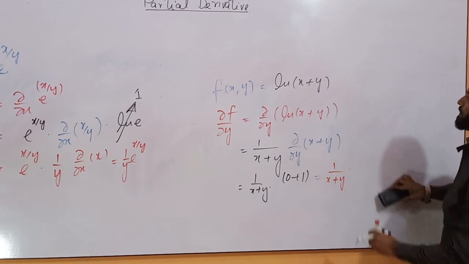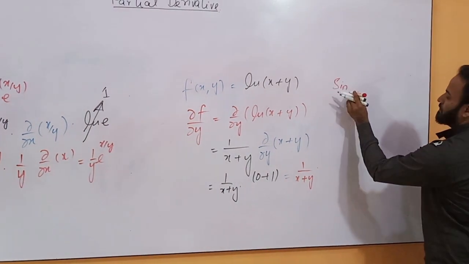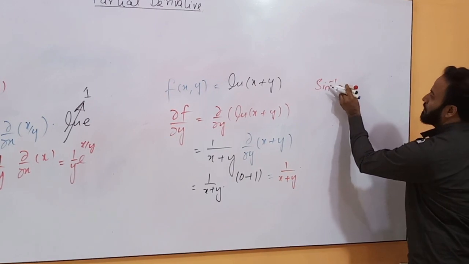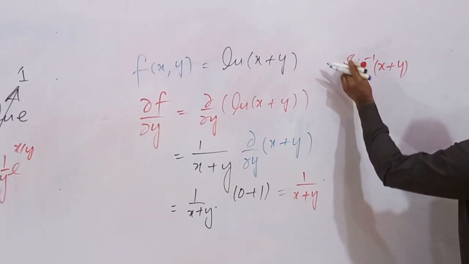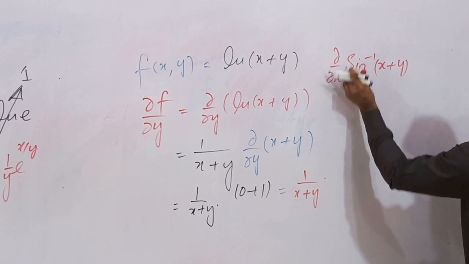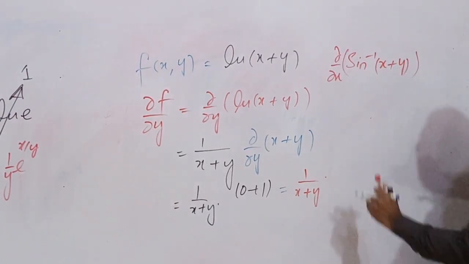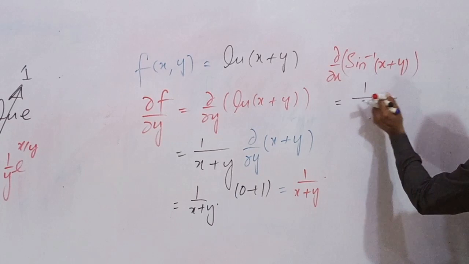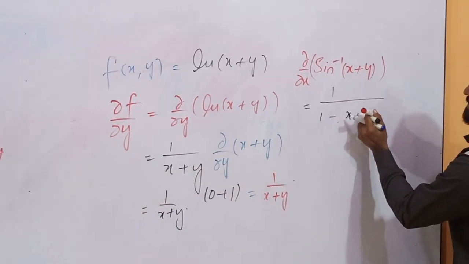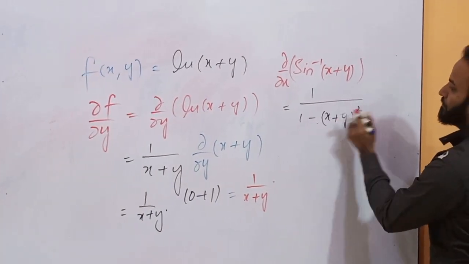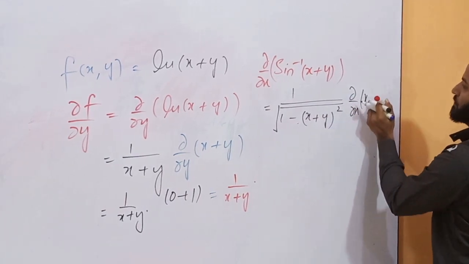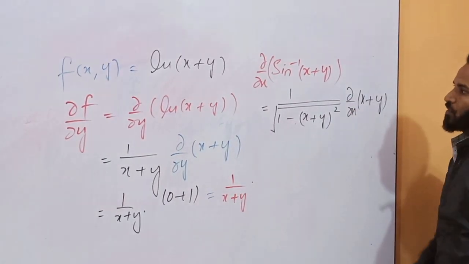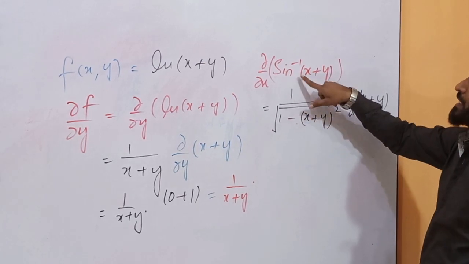Another function, sin inverse of x plus y, and I want to find the derivative with respect to x. It is 1 over the square root of 1 minus (x plus y) whole squared, times the partial derivative with respect to x of what is inside the sin inverse.